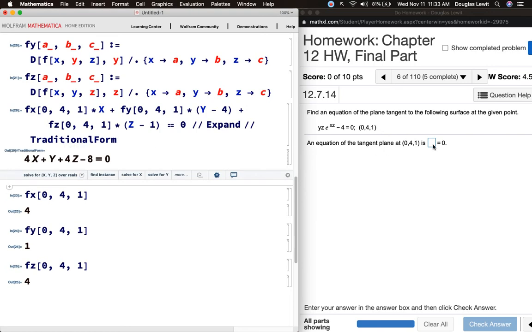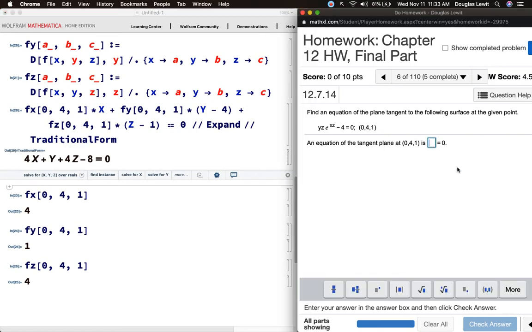Okay, so the answer that I'm getting is 4, not 4 capital X. Pearson wants you to use lowercase letters, so be careful. 4x plus y plus 4z minus 8 is equal to 0.